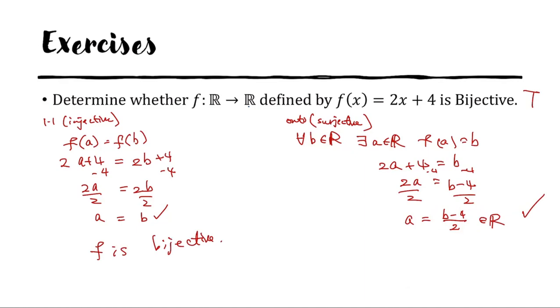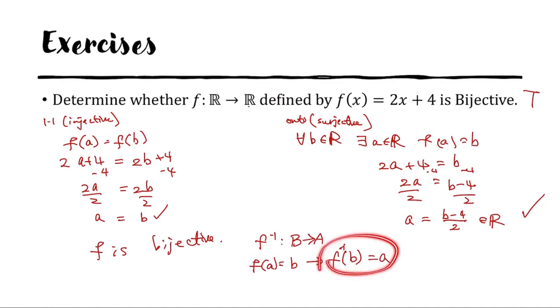Now, if f is bijective, then the inverse exists. That means there exists an inverse function from B to A, where if f of A equals B, then f inverse of B equals A. So this is our inverse function.